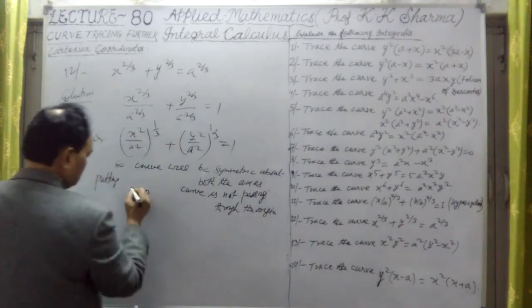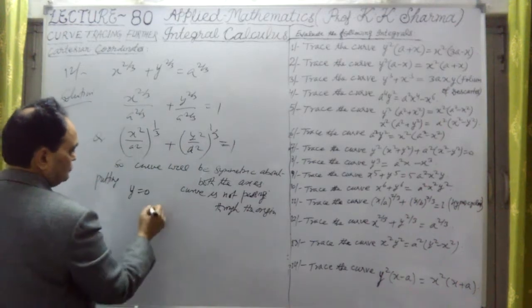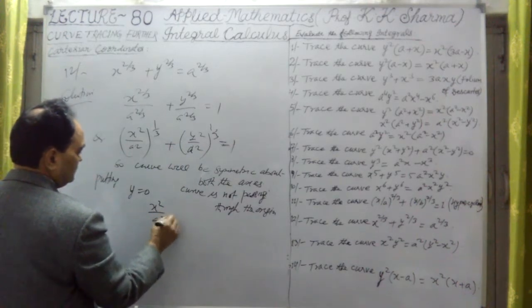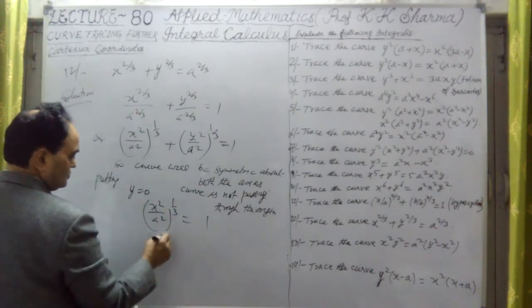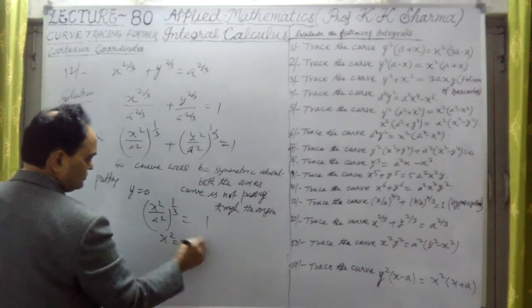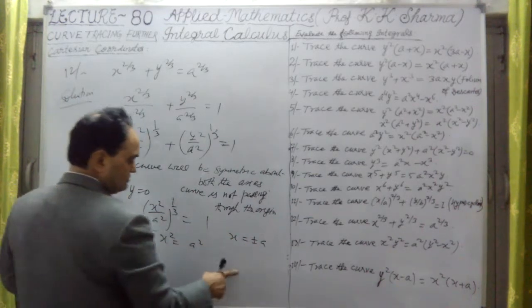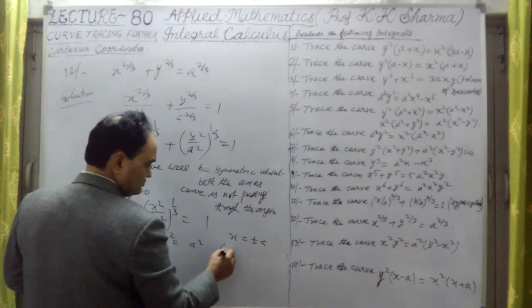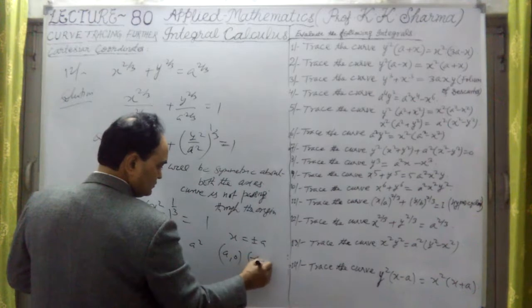Then if I substitute y equal to 0 in this equation, we will get (x square upon a square) whole power 1 upon 3 equal to 1. So x square equal to a square, or x equal to plus minus a. At y equal to 0, we get the points (a,0) and (minus a,0).